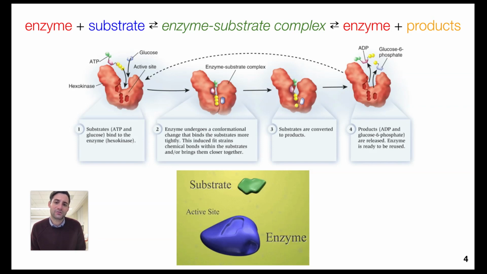ATP and glucose enter the active site of hexokinase. They undergo a chemical reaction where the phosphate group from ATP is donated to the glucose, and the two products leave the active site of the enzyme as ADP and glucose 6-phosphate.